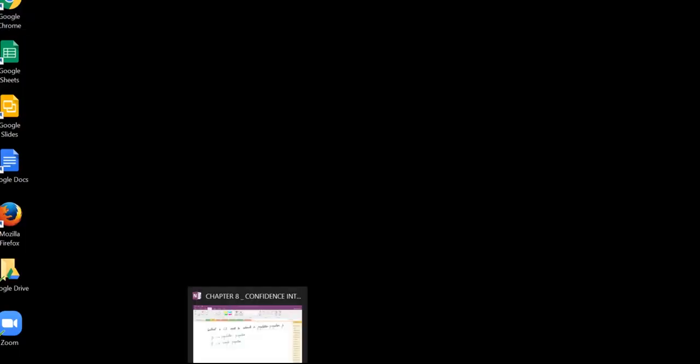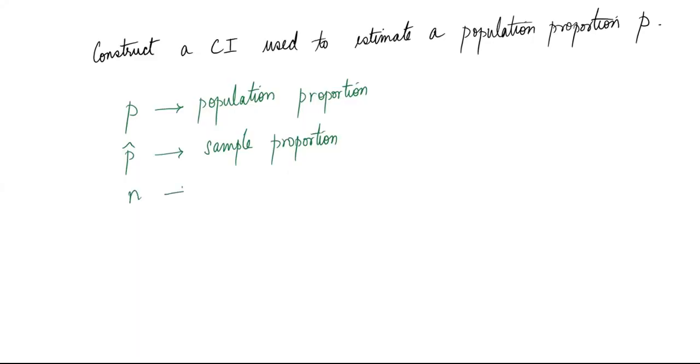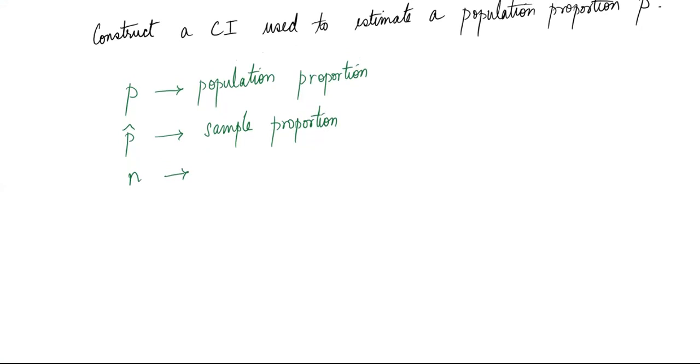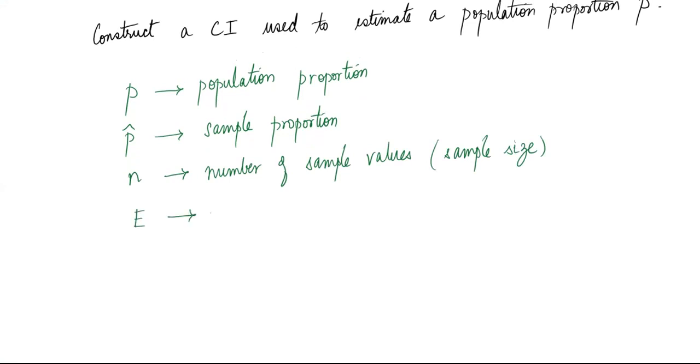N, small n. It's all about sample, right? We don't know the information on the population. So small n will be the number of sample values or the sample size. And E or ME, right, is called the margin of error.